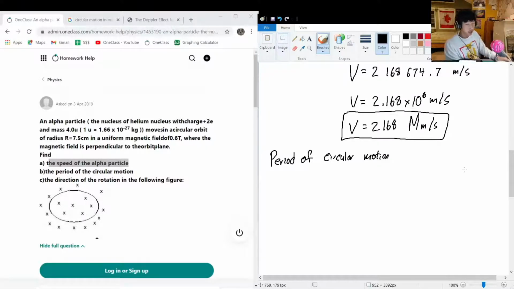Okay, so we have the velocity value, and we know that the velocity is always going to be constant as it travels in this circular path around the loop. And we also know that the radius is equal to 0.075 meters. 7.5 centimeters was the radius of this circle.